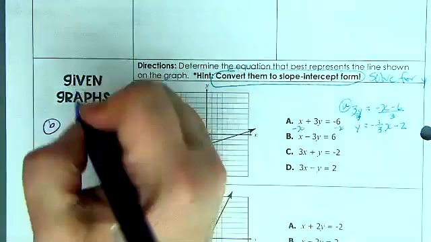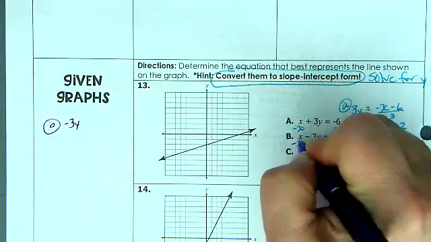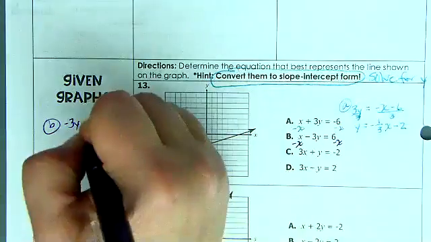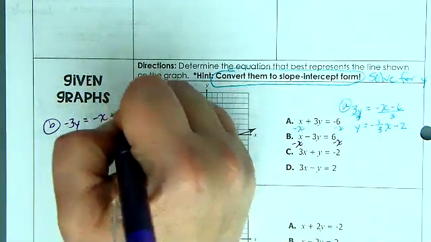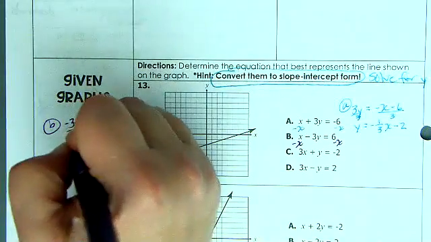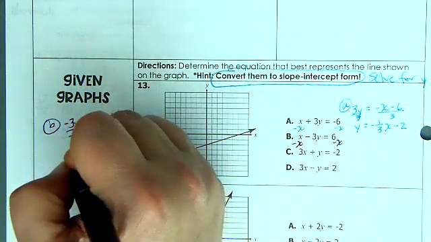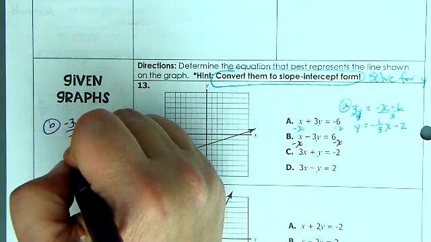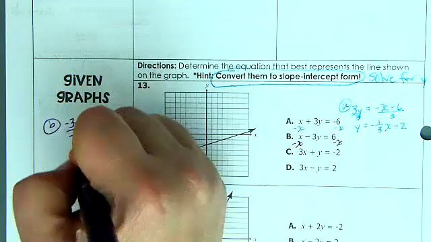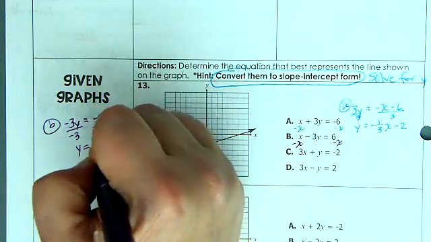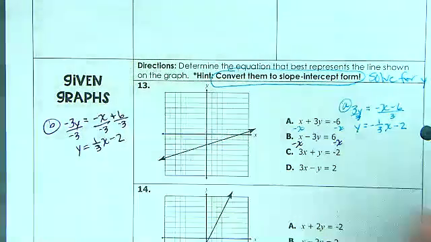B is going to be negative 3y because I'm going to subtract x. Subtract x, I'm going to end up with negative 3y equals negative x plus 6. Divide by negative 3 on everything. Okay, and I get y equals 1/3 x minus 2.